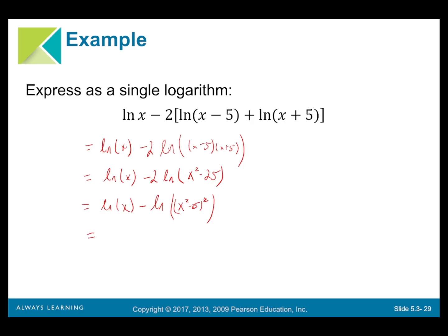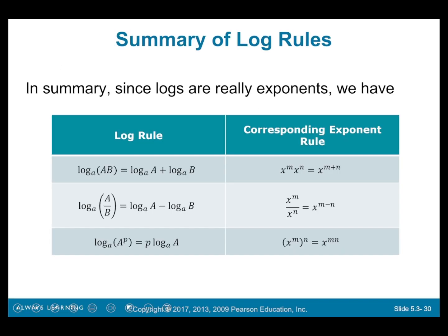Last step, ln of x over x squared minus 25 quantity squared. That's what this whole thing simplifies down to. Notice the square is just on the bottom because that 2 went into the exponent of the x squared minus 25. All right, the x on top is not squared. The x on top had no exponents, so it just stayed.